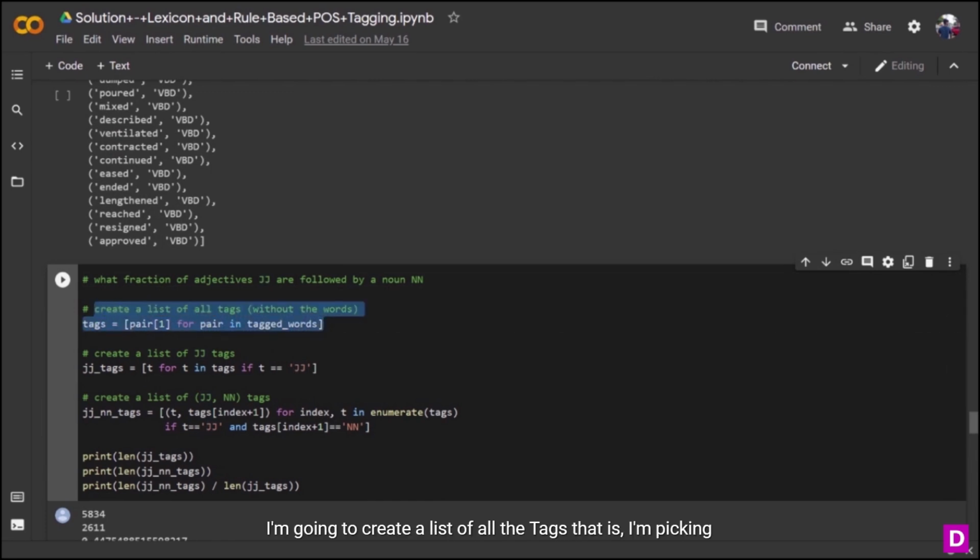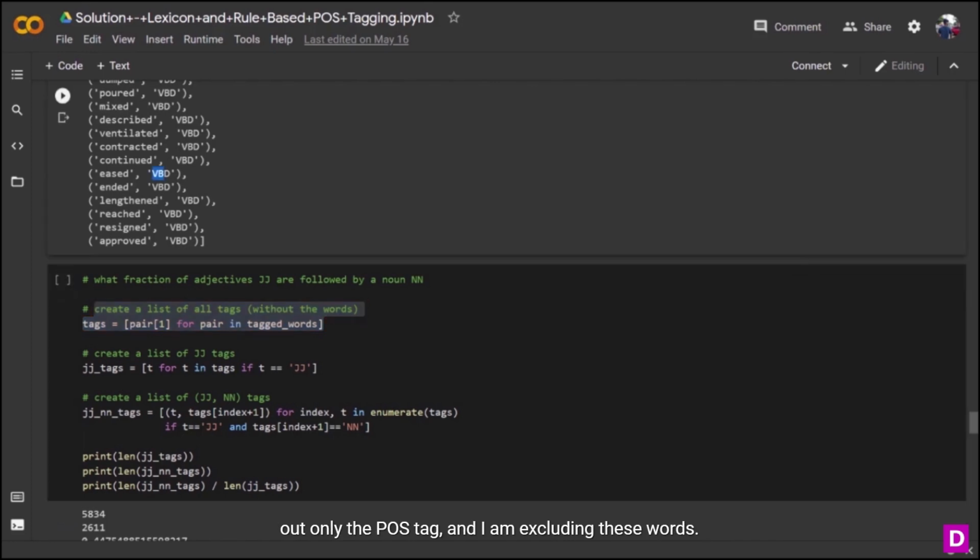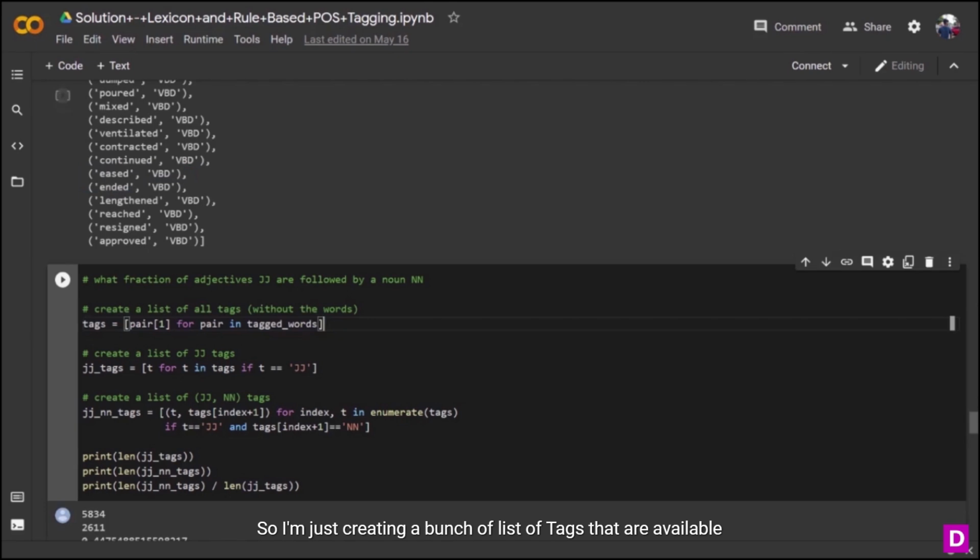For that, at the very first step, I am going to create a list of all the tags. That is, I am picking out only the POS tags, and I am excluding the words. So I am creating a list of tags available in the entire text corpus. The very next step is filtering out only the JJ tags, that is, only adjective tags, from the given text corpus.